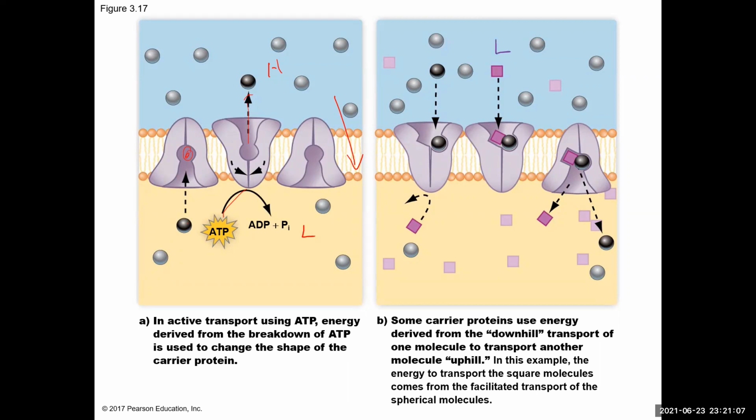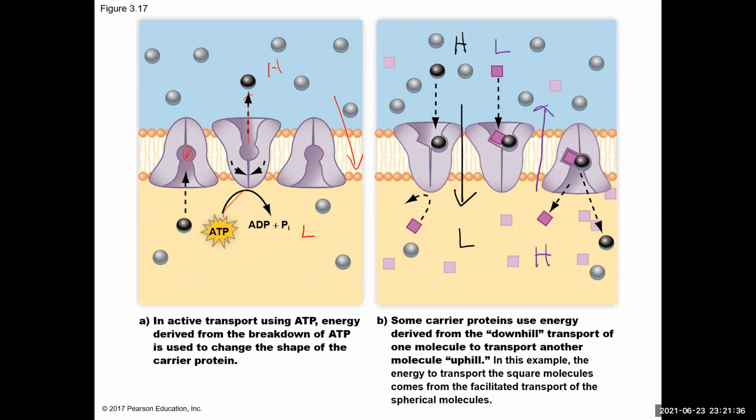So we have low concentration gradient for the squares, high concentration gradient for the squares, and we have a low concentration gradient for the spheres and a high concentration gradient for the spheres. So the direction of movement wants to go this way for the spheres and this way for the squares.